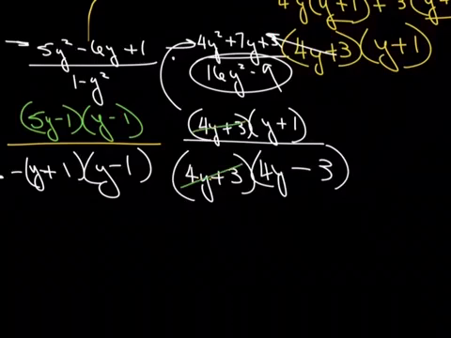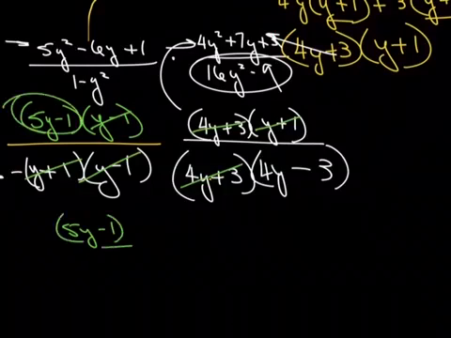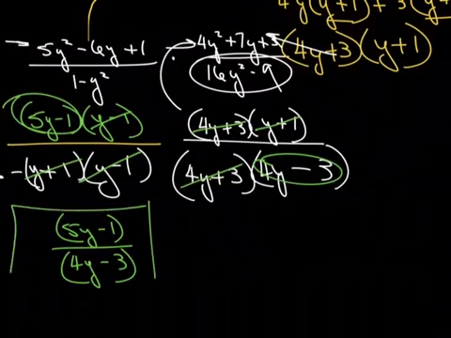That, and that, that, and that, that, and that. And that's it. What do I have left? I have a 5y minus 1 on top that's left, this one. And I have 4y minus 3 left on the bottom. And that is the answer.